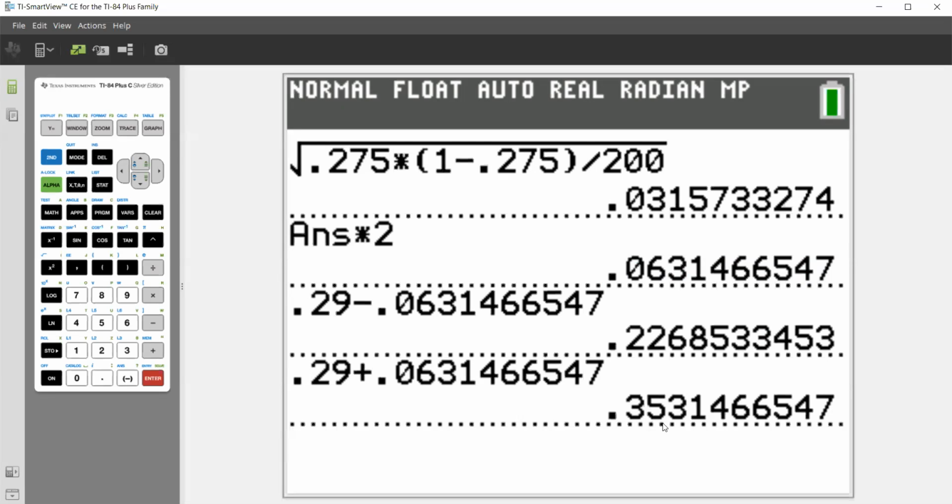It is, because the true population parameter is 0.275. Well, it is in between these two numbers, okay? It just happens to be. It doesn't have to be, but it happens to be in this case. All right, so we're saying we're 95% confident that the true population proportion is in between these two numbers.